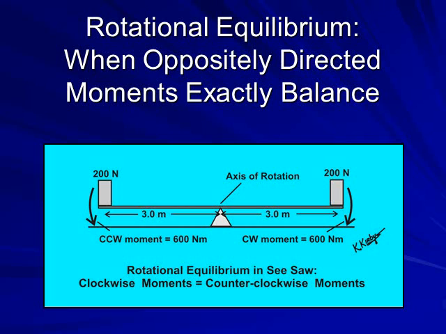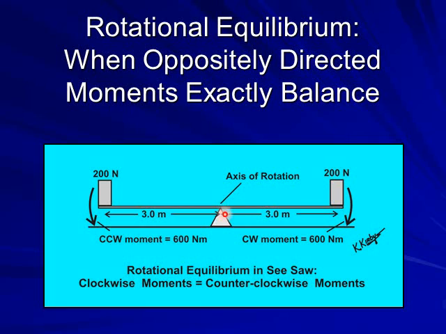In the situation of the seesaw that I've drawn here, we have a 200 Newton mass on the left-hand side and a 200 Newton mass on the right-hand side. The length of the seesaw board is 6 meters, and the axis of rotation is in the center, and I'm going to say the board has no mass.